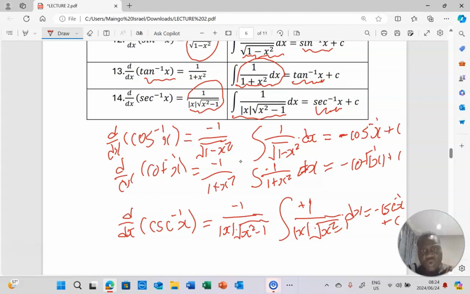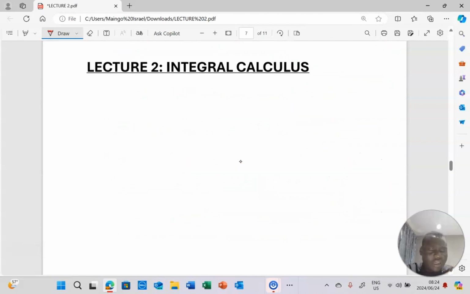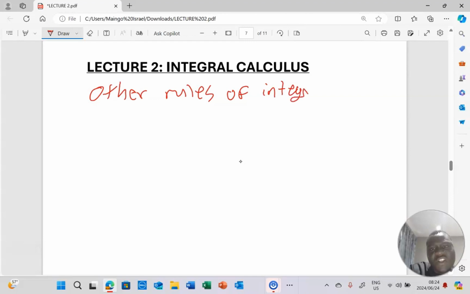Now we have the other basic rules of integration.